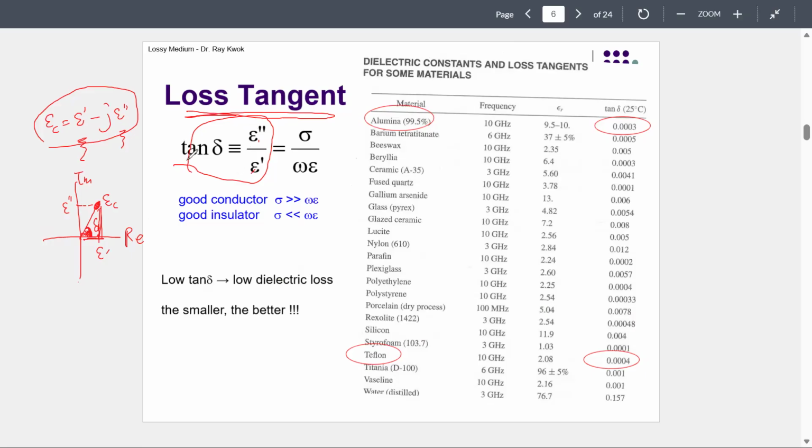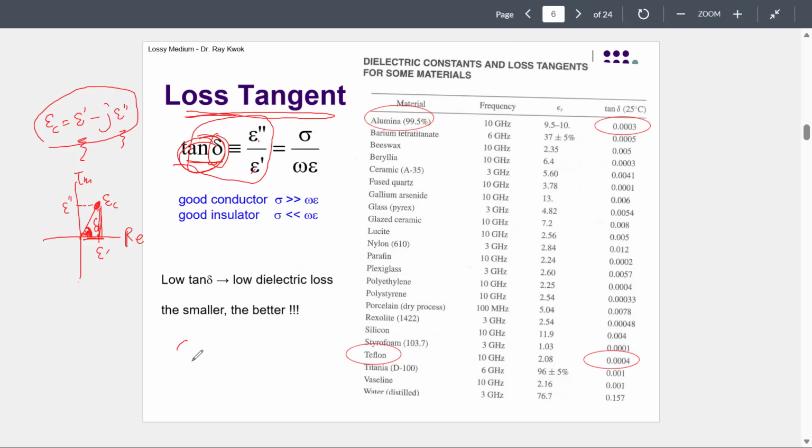So loss tangent, nobody really cares about this angle delta. Nobody would ever ask you what the phase angle delta is. People only care about the ratio of epsilon double prime over epsilon prime. They call it loss tangent. So do not break it up.